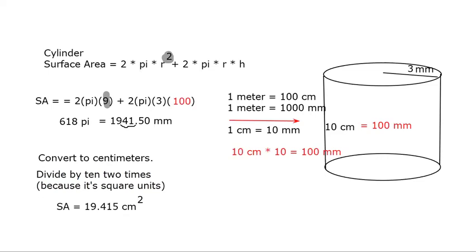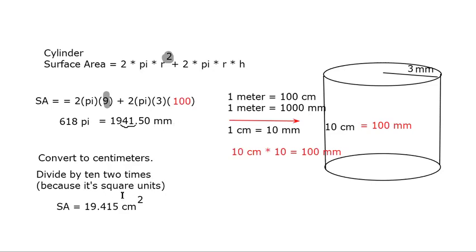You could convert that to inches. There's 2.54 centimeters in 1 inch. So if you converted that to inches, it would just be 19.415 times 2.54. So it'd be about 40 square inches. It's not a very big can. That's where I was headed with that. This unit, millimeter, when it's 1941 millimeters, it makes you think that's a big can, but a millimeter is a teeny tiny unit.